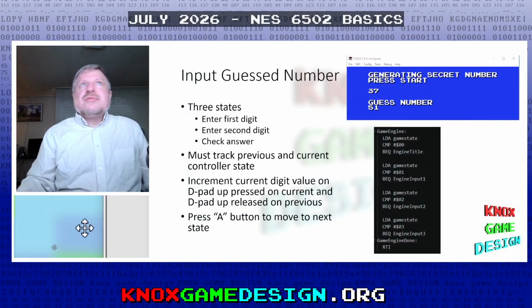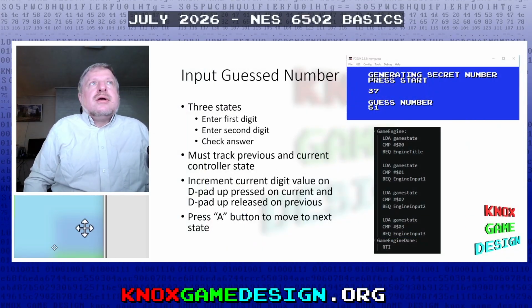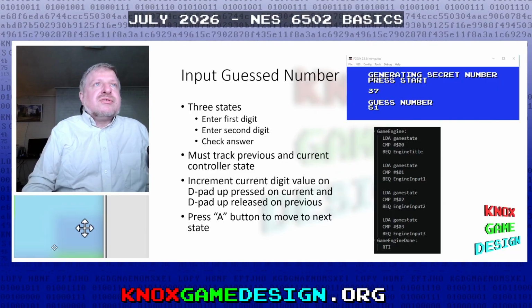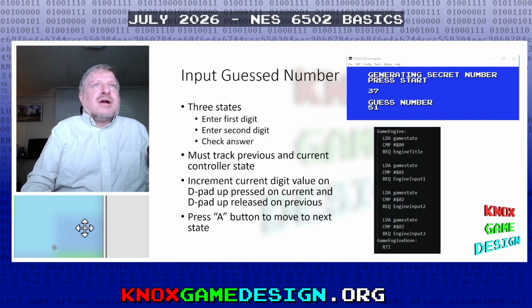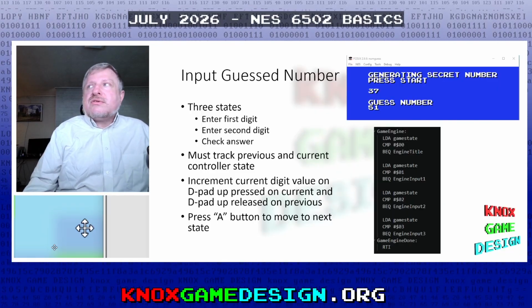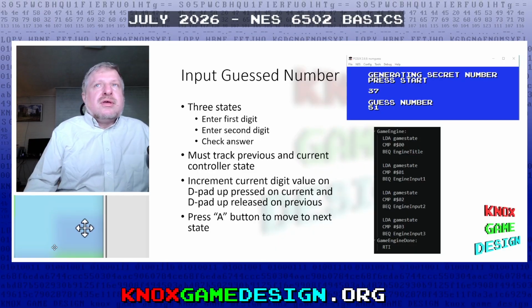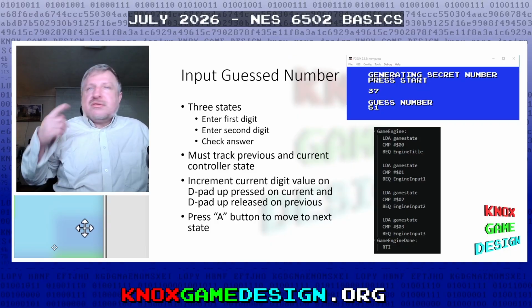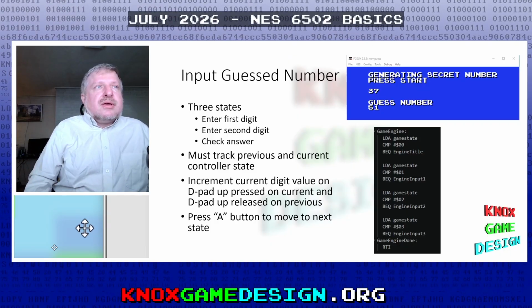So the next step is to input a guessed number. I got 3 states: enter the first digit, enter the second digit, and check answer. You must track the previous and next controller state. Make sure you check when the button is pressed down because you don't want it to continuously register.